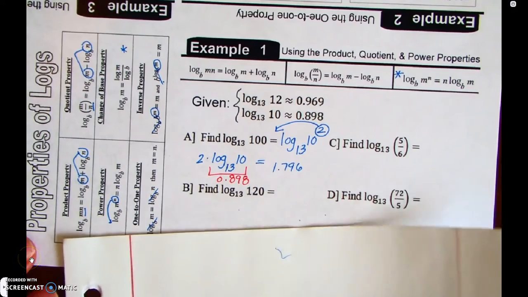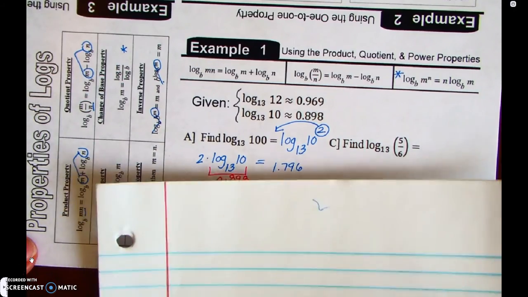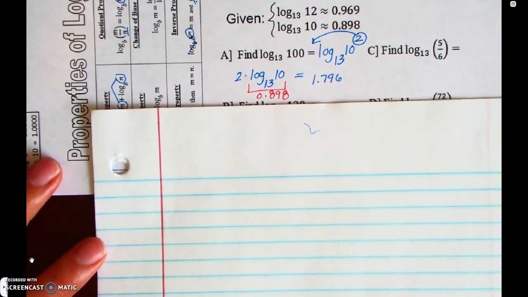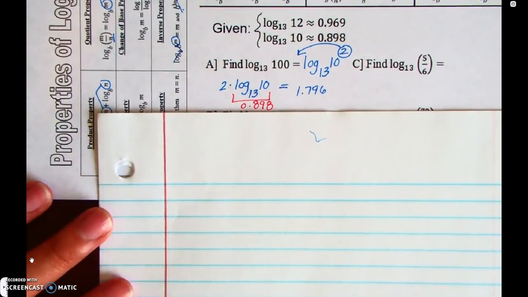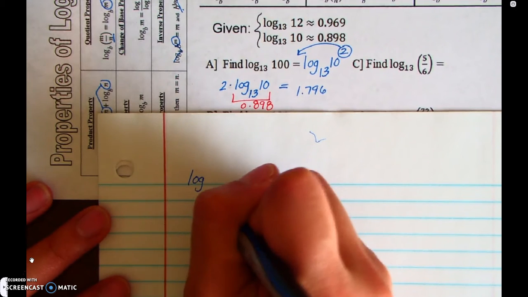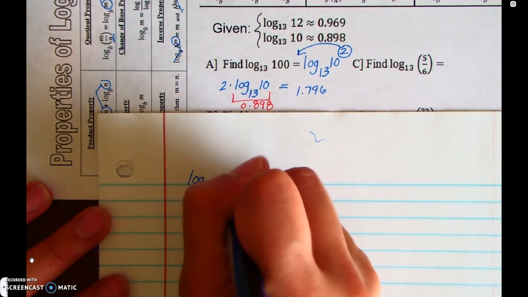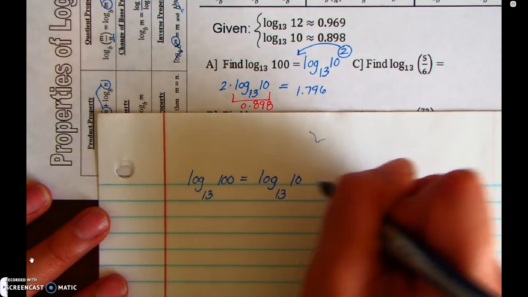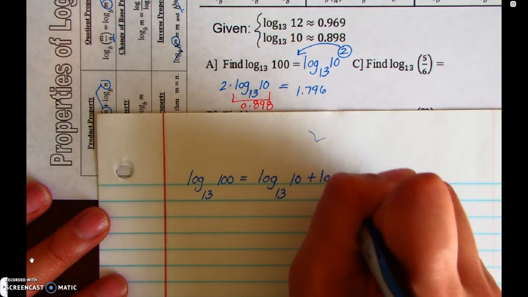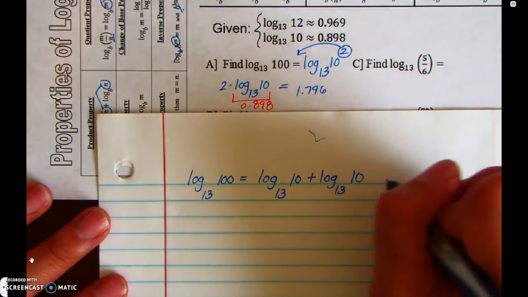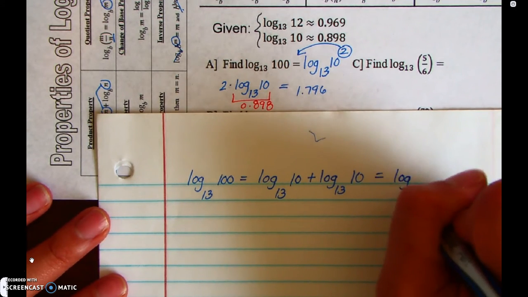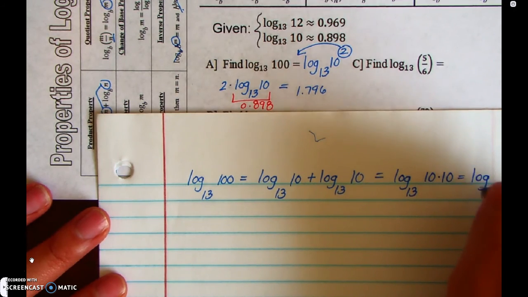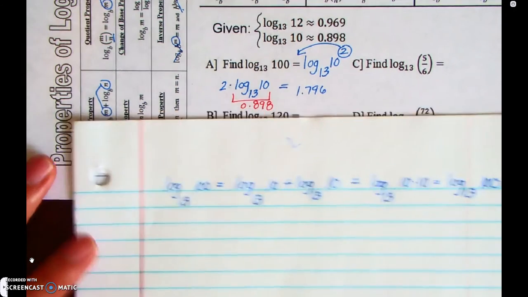Take out a separate sheet of paper, and we're going to do some additional ways to solve A. Usually in math there's always more than one right way to do things. So you can put log base 13 of 100 is the same thing as log base 13 of 10 plus log base 13 of 10, because I know that this is the same thing as log base 13 of 10 times 10, which is just log base 13 of 100.